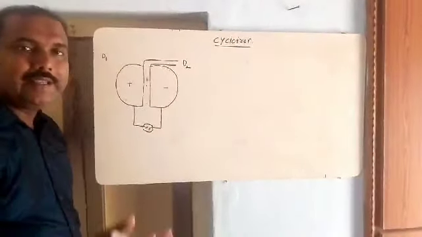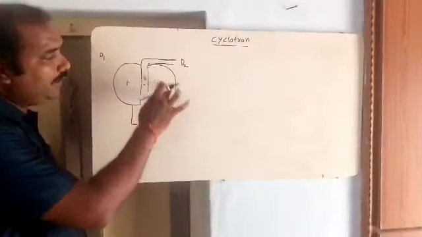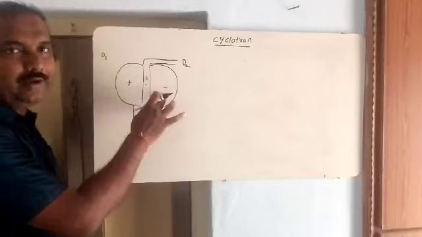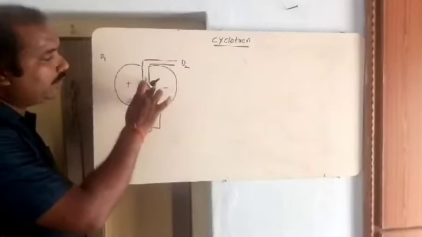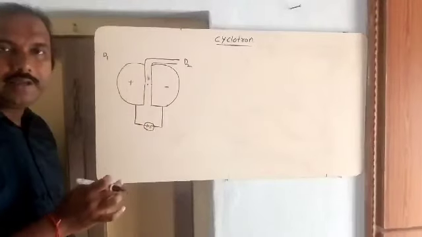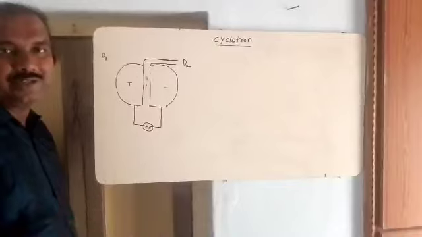But once it enters into D2, there is no electric field. That is the reason this proton moves with constant velocity. It can move with a constant speed because the electric field is 0 and the potential is constant.